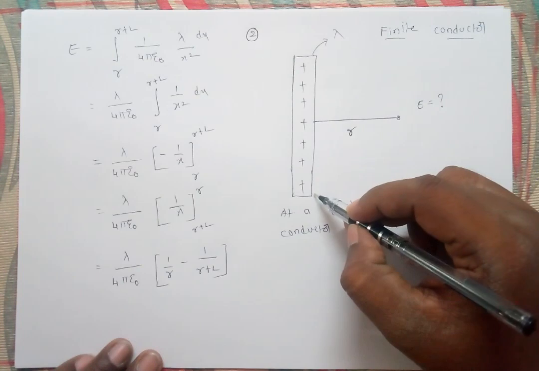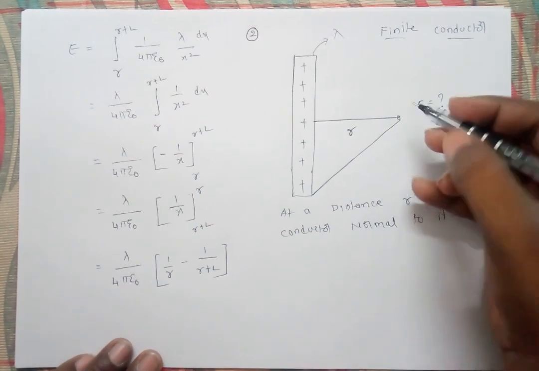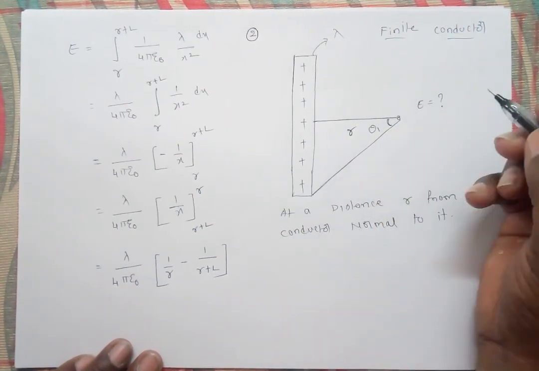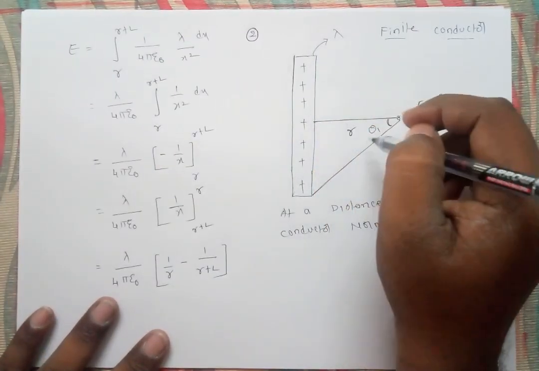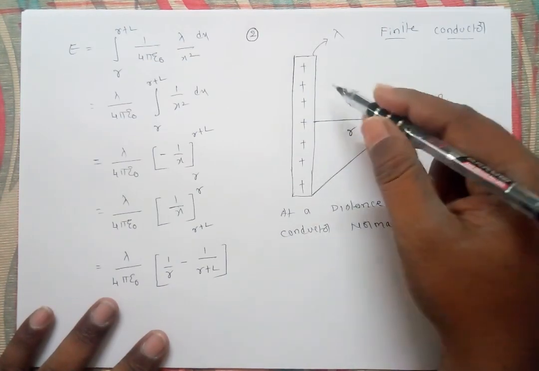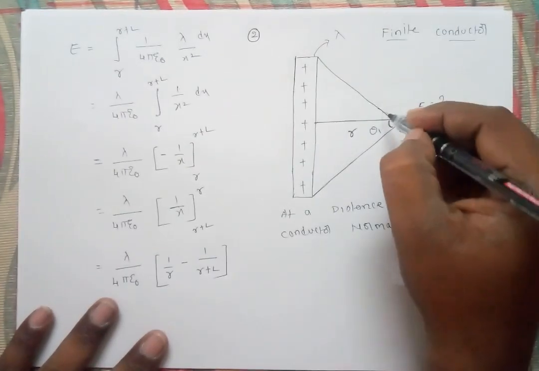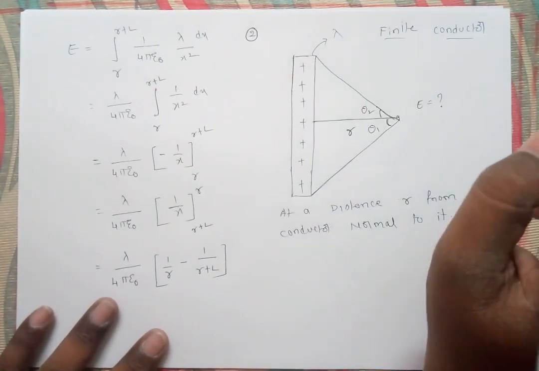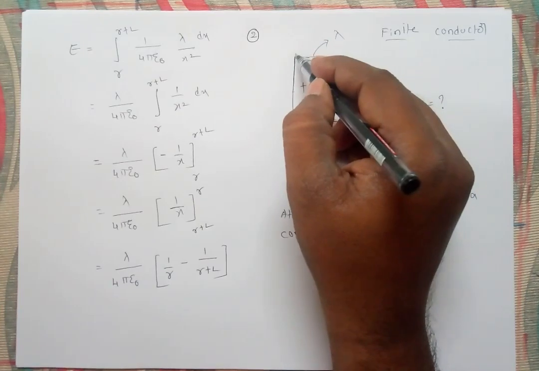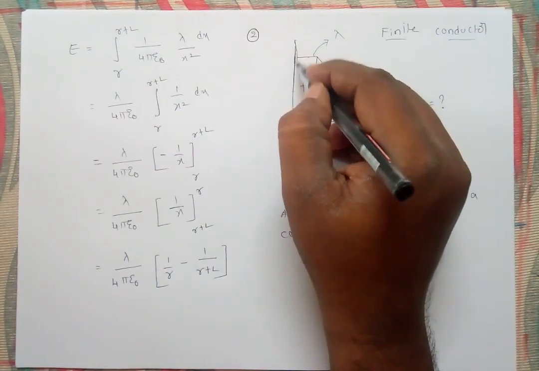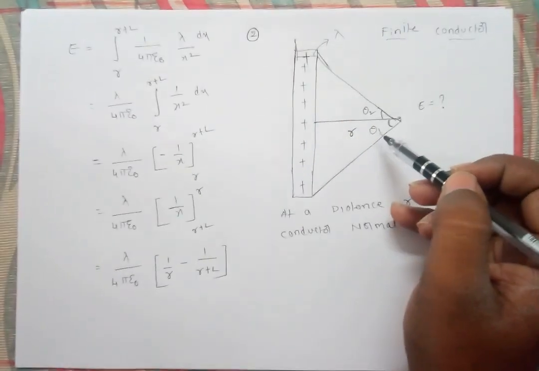The lower end makes an angle theta 1 here. Since this point is not exactly at the midpoint, the lower end makes a different angle and the upper end makes a different angle, theta 2. So this angle is theta 2 and this angle is theta 1.